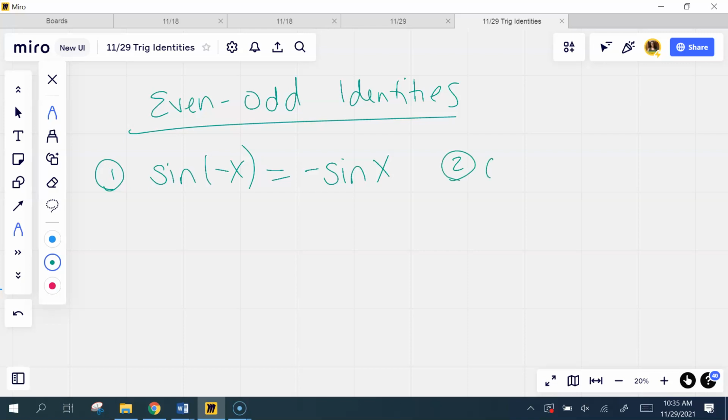Cosine does not, however. It keeps its sign the same. So the cosine of pi over 4 is the same thing as the cosine of negative pi over 4. They're not the opposites.